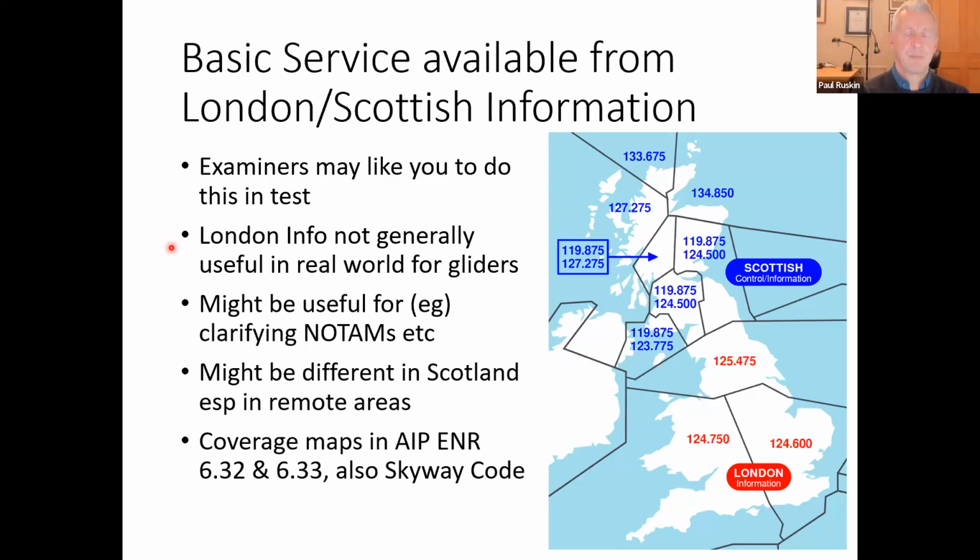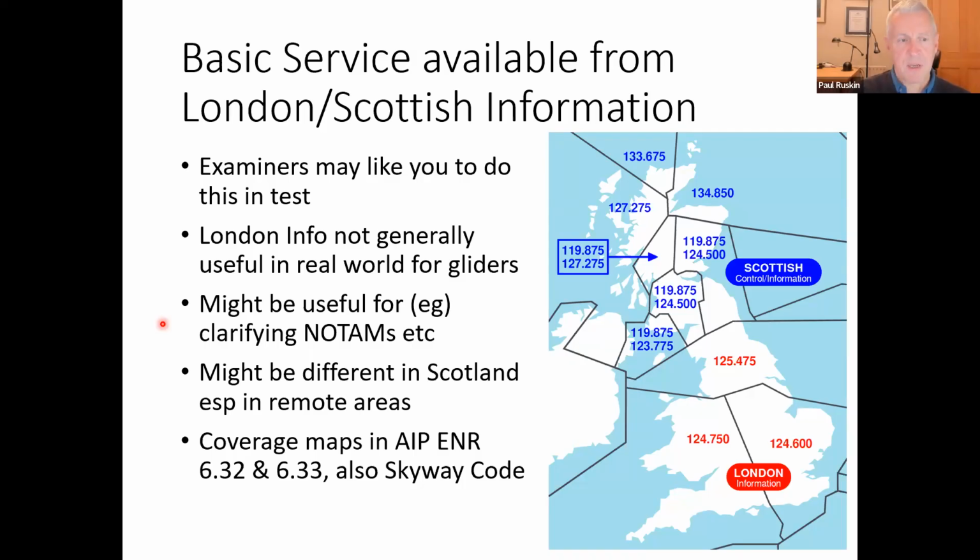You get a lot of people calling London Information just to get a basic service, but it's covering a big area, so it's not very helpful. Where it might be useful for us is if we wanted to clarify a NOTAM or find out the status of some piece of airspace that we're about to get close to, a danger area or something.